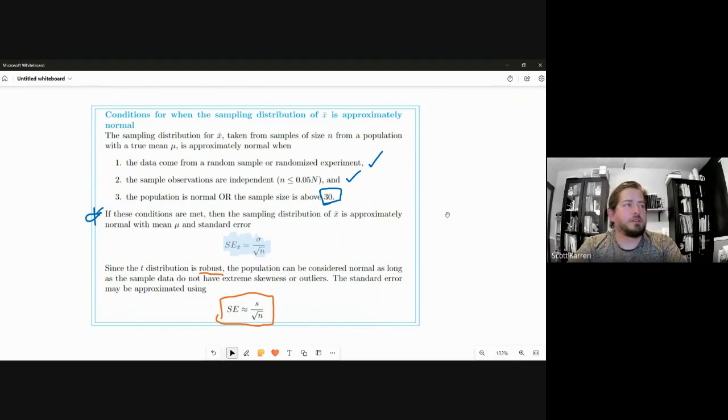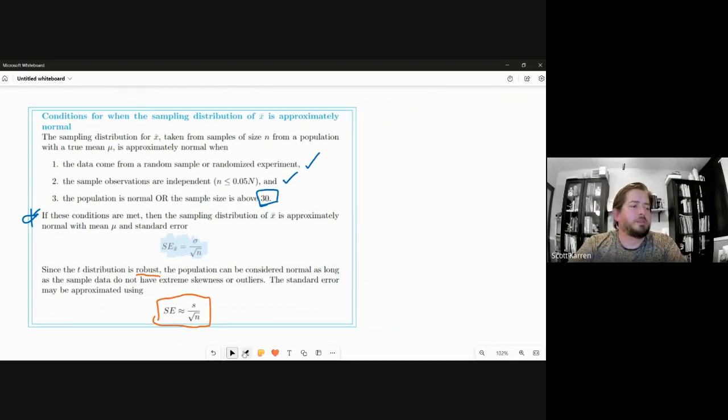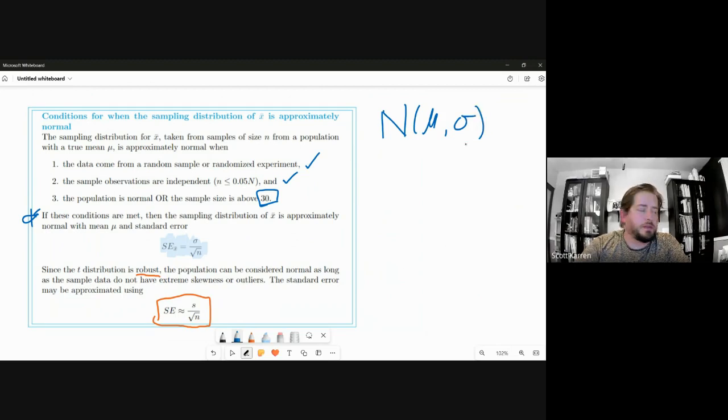If you recall, when we talked about the standard normal, it's been a while since I've written this, but normal, mu, and sigma, right? That is a normal distribution with two bits of information that tell you about its shape.